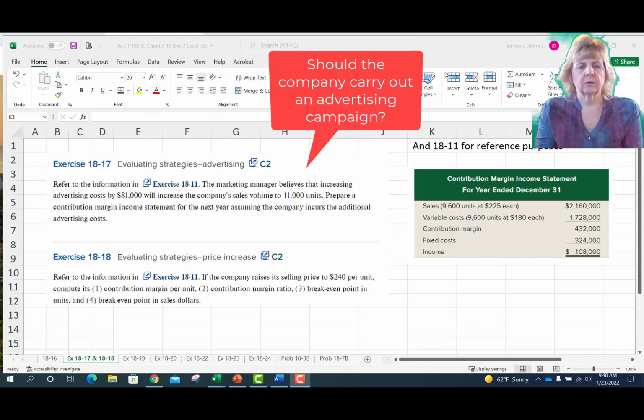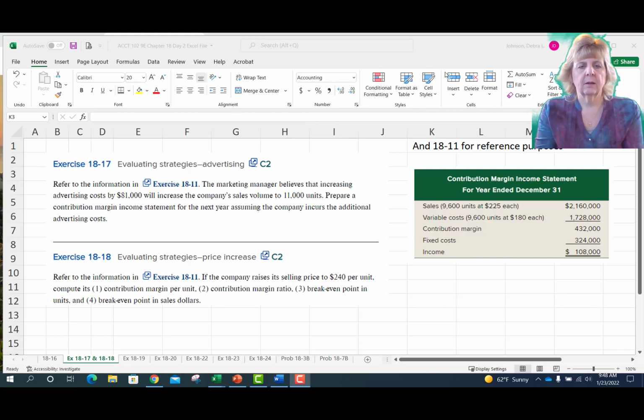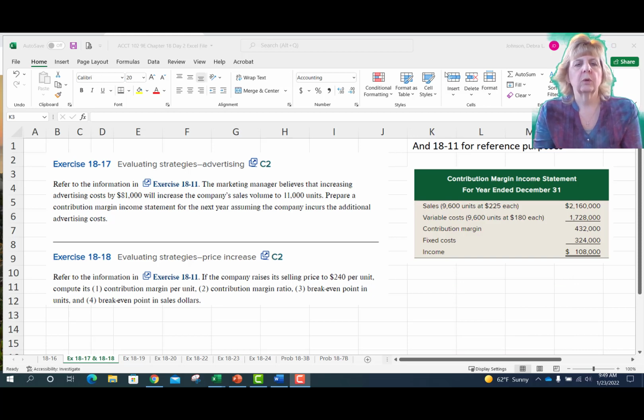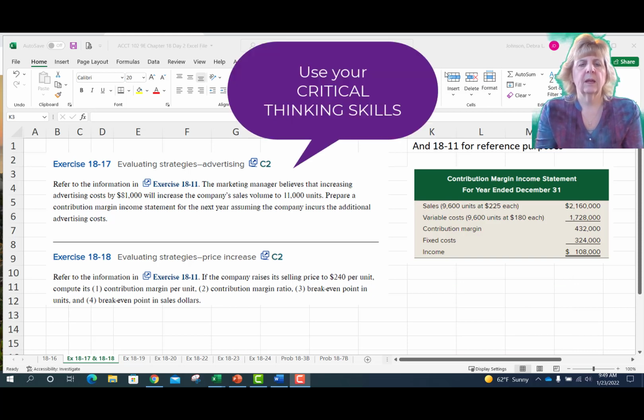In the second exercise, with the same data, they're going to again ask you a what-if scenario. In the second one, they're going to raise their sales price and they want to see the effect on the income statement. I would encourage you to critically think through the answer using what you know about cost, volume, profit, and the related relationships.